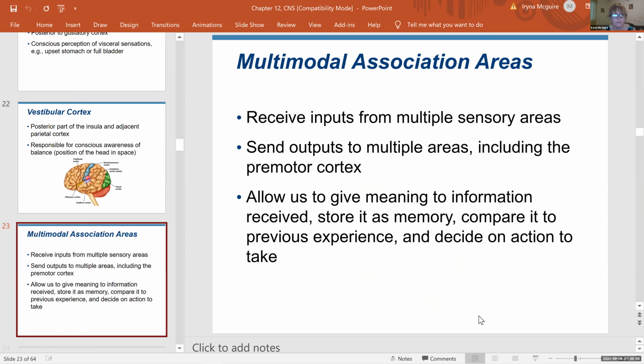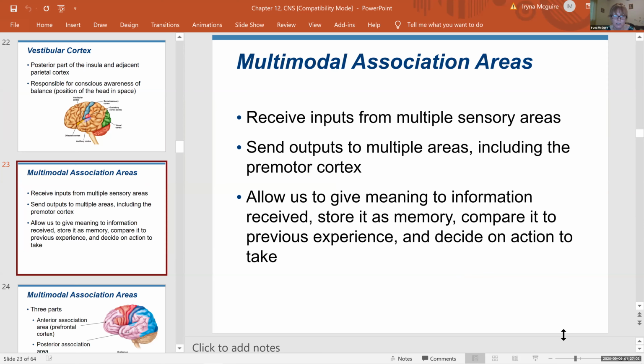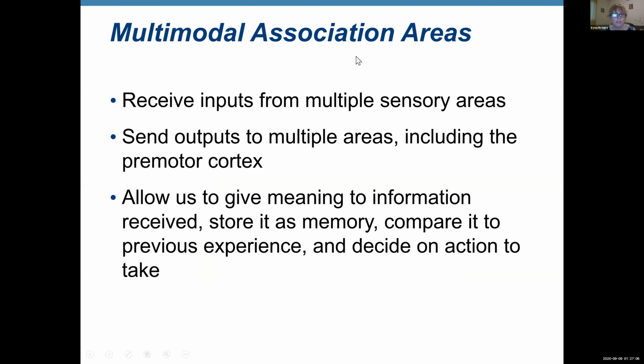Okay, and now we're moving to the multimodal association area. The multimodal association area receives inputs from multiple sensory areas and sends outputs to multiple areas, including the premotor cortex, because you do need to receive some sensory information before making your movements. It allows us to give meaning to information received, store it as a memory, compare it to previous experiences, and decide on action to take.